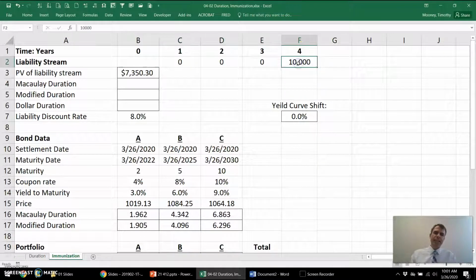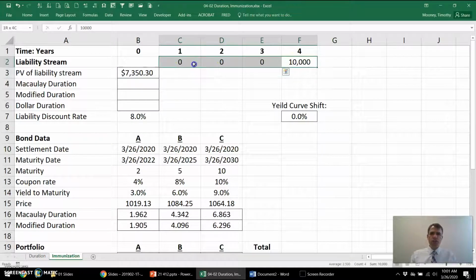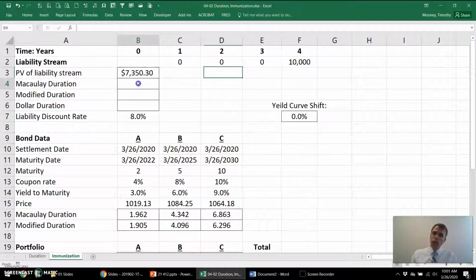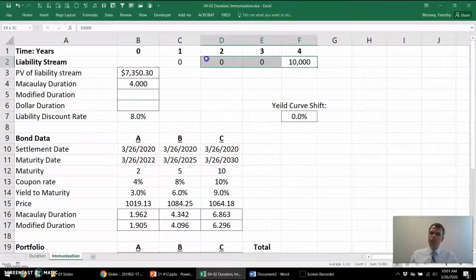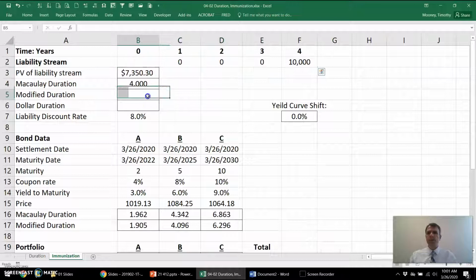So if you look back at the weighted average maturity of this liability stream, it's just equal to the one cash flow. You could plug the liability stream into the Macaulay duration formula and take the weighted average like we did earlier, and you come out with a Macaulay duration of exactly 4. So the Macaulay duration of this liability stream is 4.